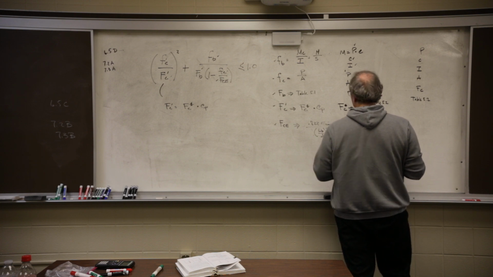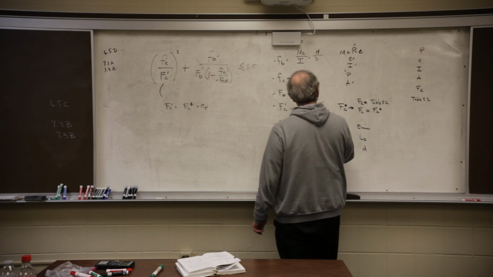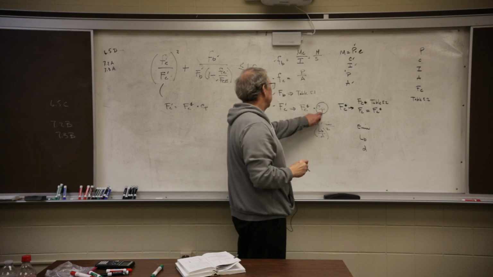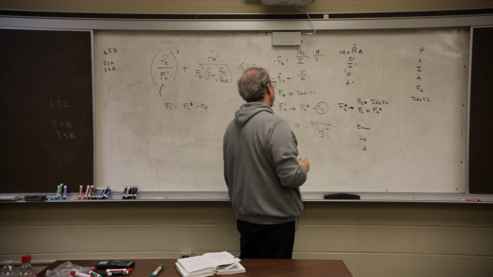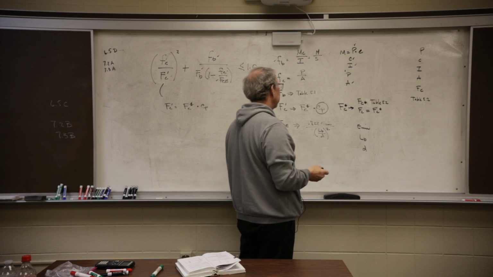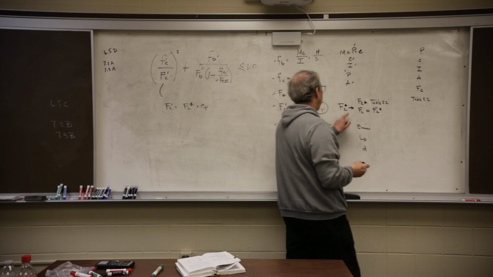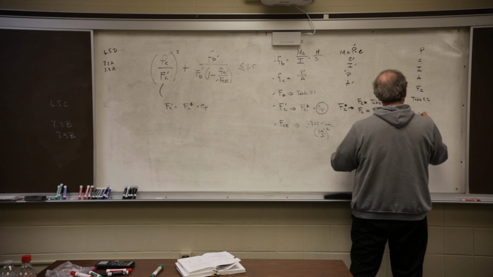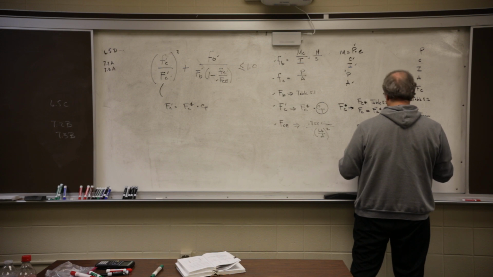I need C sub P. I need FC star and FCE, so I've got both of those, so I don't worry about that. And now I move down to table 5.2. I need E min, I need LB, and I need D.